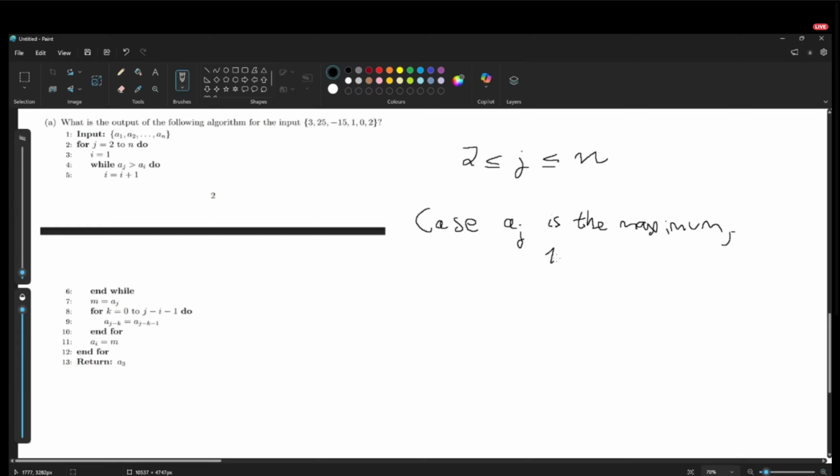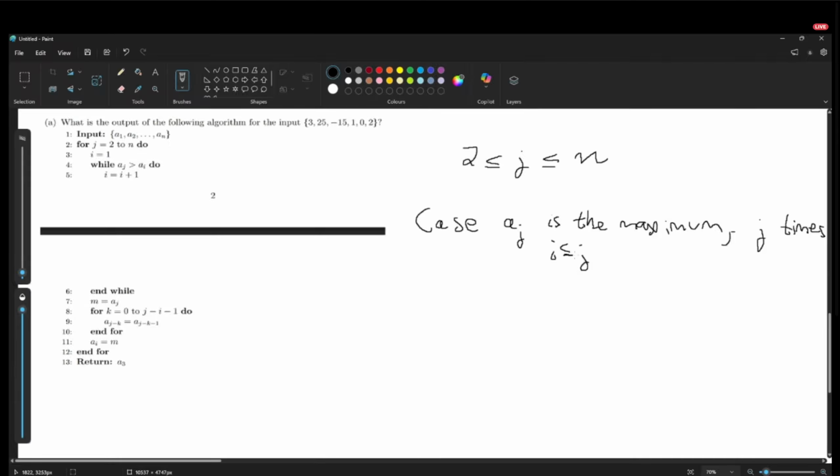Actually, it'll get executed up to aj. So in reality, it'll get executed j times, because j starts at 2, and i always starts out less than j. So you have to be careful of that.